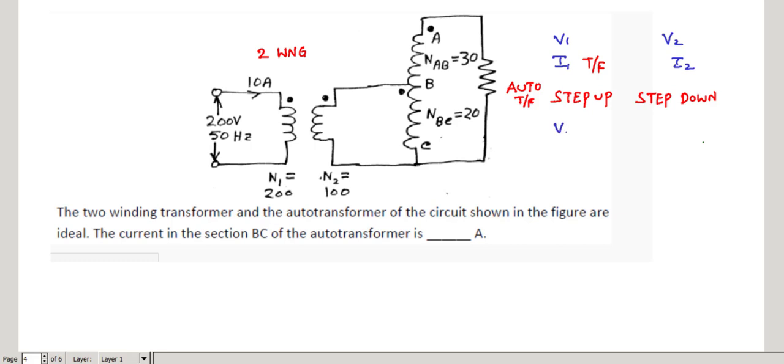For step up, V1 should be less than V2 and I1 is greater than I2. We know very well about that. If voltage is less, current will be high, and if current is high, voltage is less. For step down transformer, V1 is greater than V2 and I1 is less than I2. Suppose I consider a step up auto transformer.